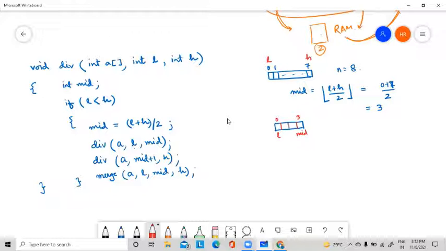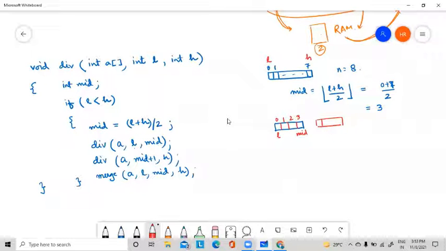How many elements? See, 4 elements. In the other part, how many elements?